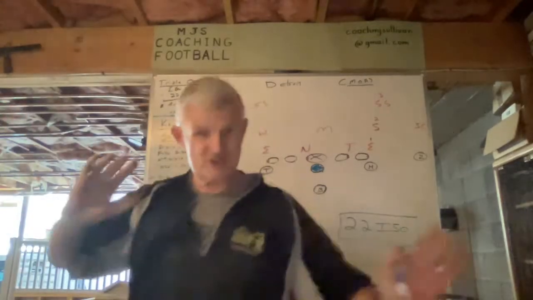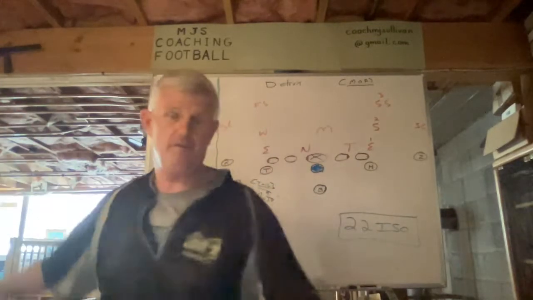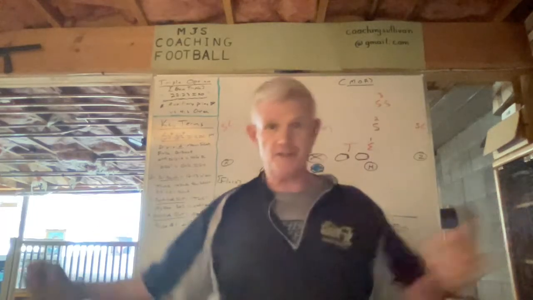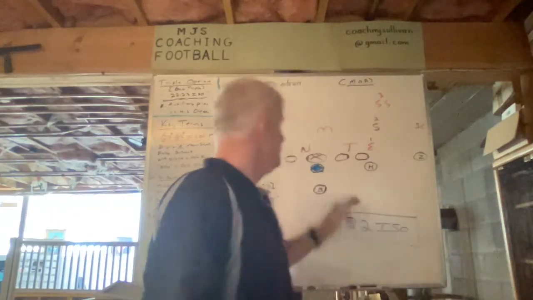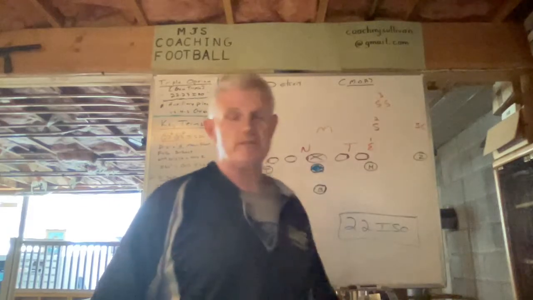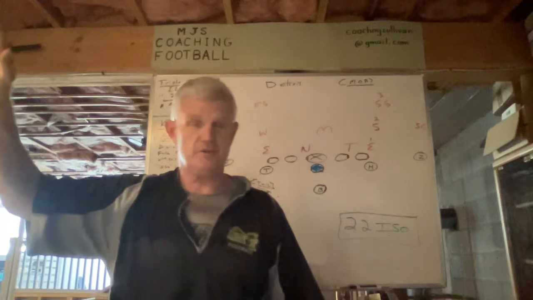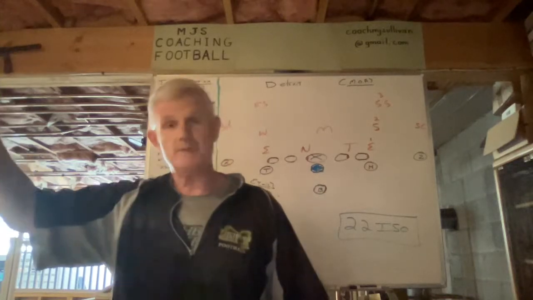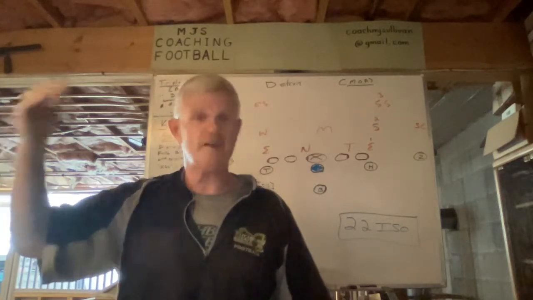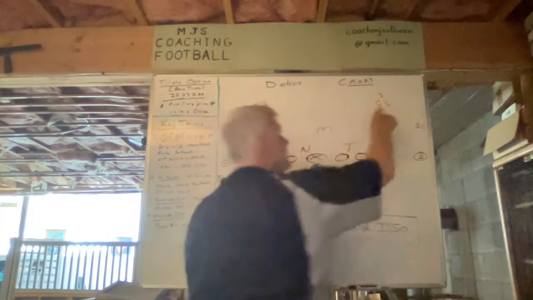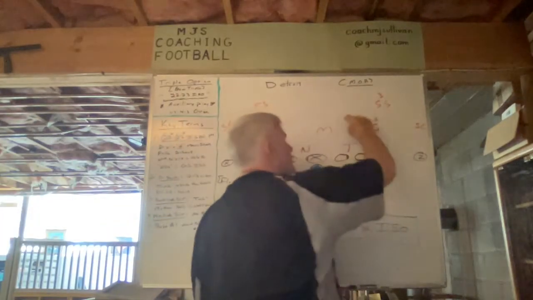Remember, we've got to sell that we're running the veer. That's huge. So the two slot backs, that's their job. In addition, by arcing number 3, who's usually anywhere from 8 to 10 yards, sometimes closer than 8 but rarely deeper than 10, especially in a two-high look, he might read it and be able to react, so we want to make sure we have the ability to block him.